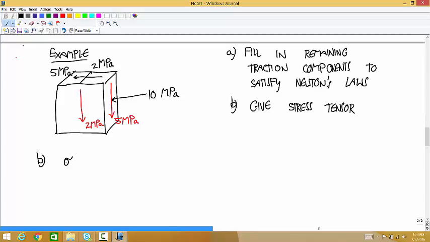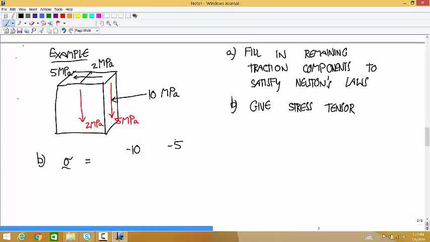And then for B, the stress tensor, what's the XX element of stress? Yep. -10. What's the XY component of stress? Yeah, -5 because it's going in the negative y direction. All of these are just the regular coordinate system sign convention.